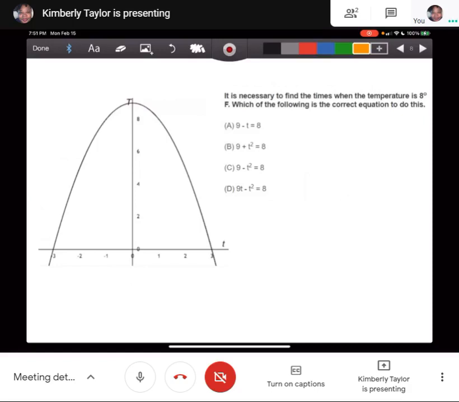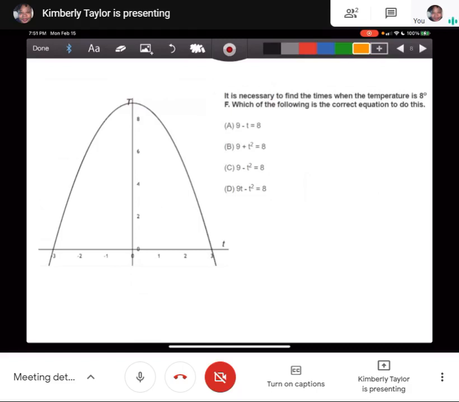Is it necessary to find the times when the temperature is 8 degrees Fahrenheit? Which of the following is the correct equation to do this? Now, to do this, first of all, I like to work backwards on this kind of stuff.